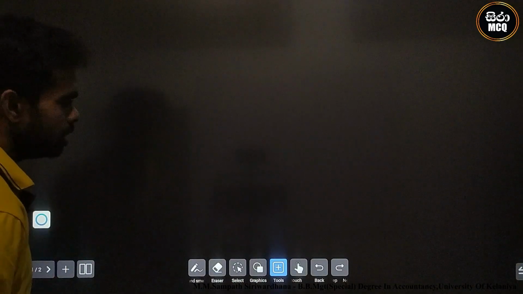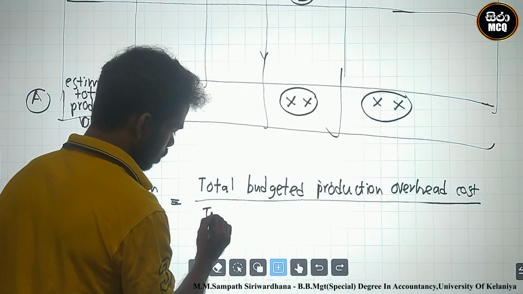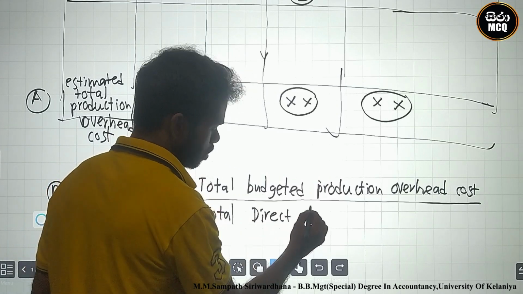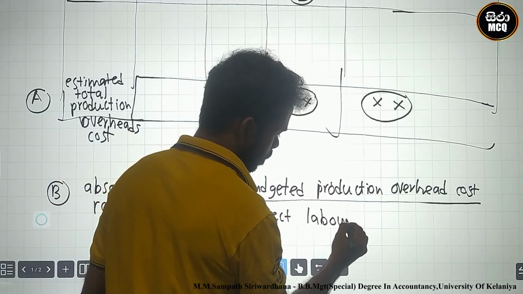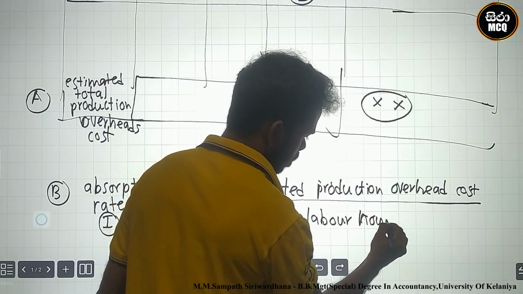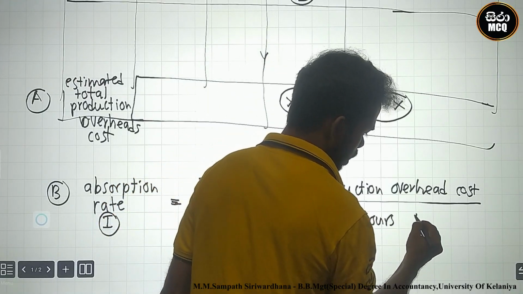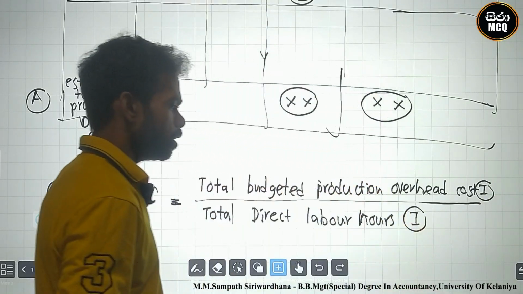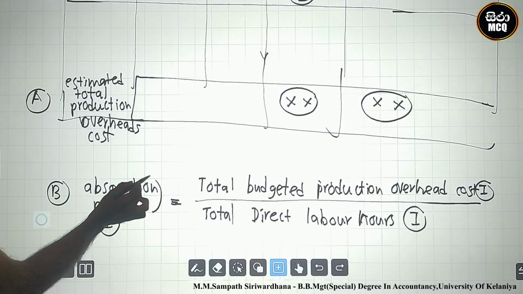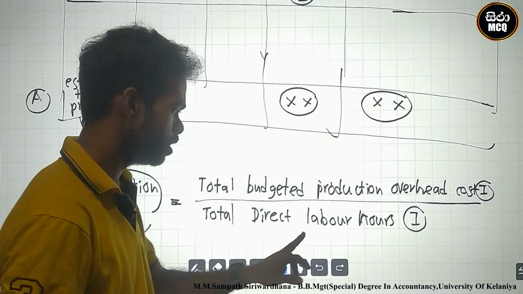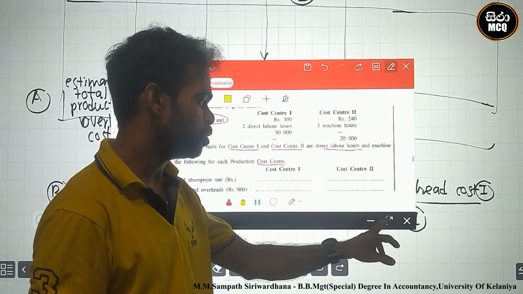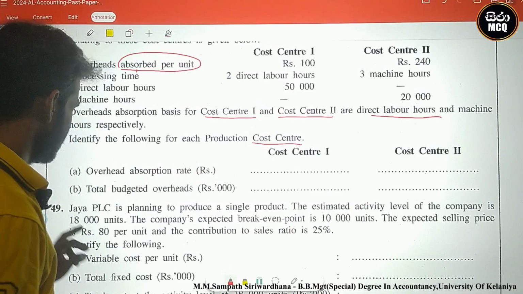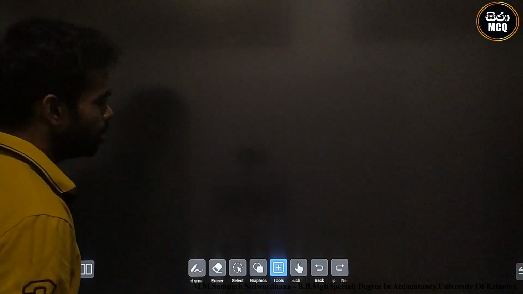Therefore, I divide by total direct labor hours related to cost center 1. This is the absorption rate they request. Look here, the question asks for the overhead absorption rate. This is the requirement.